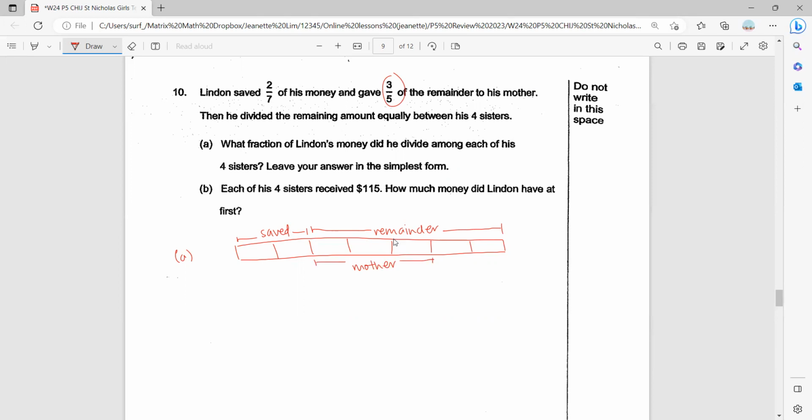Then the remaining amount is for the 4 sisters. For part A, what fraction of his money did he divide among each of his 4 sisters? So this 2 units for 4 people, we need to make it into 4 units by cutting it. Then we're going to cut everything else.